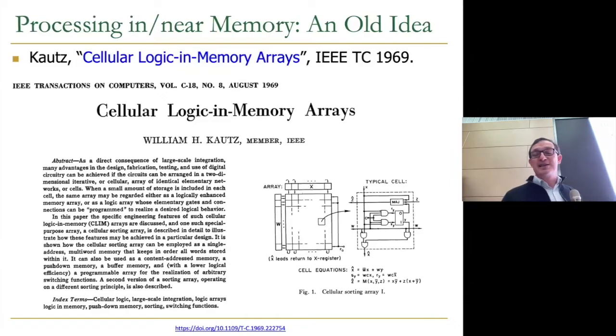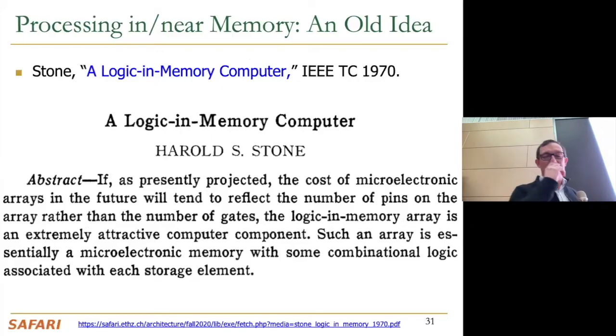This is a beautiful paper from the 1960s. And another person whom you may be familiar with, Harold Stone, wrote a paper in the 1970s also. Harold Stone has a beautiful textbook on high performance computer architecture. If people are interested in architecture, I would recommend that textbook actually. It's a bit dated right now, but it has a lot of fundamentals in it. Okay, so this is an old idea. People have looked at it over the years.